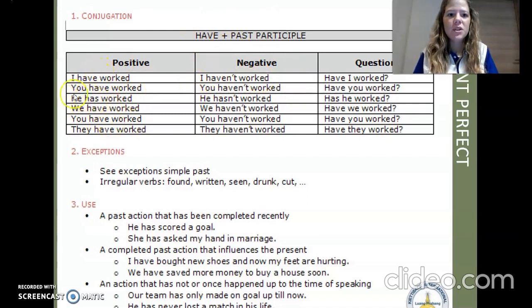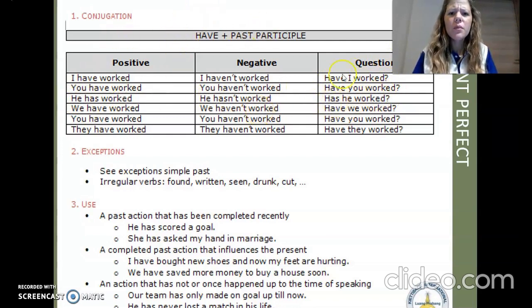If you have a subject, he, she, it, Mila, Lanoy, Kenny, has worked. So in this scenario, the has does change when the subject is different. Keep that in mind. So has worked, hasn't worked. When you have questions, have I worked, have you worked, or has he worked? So it changes.